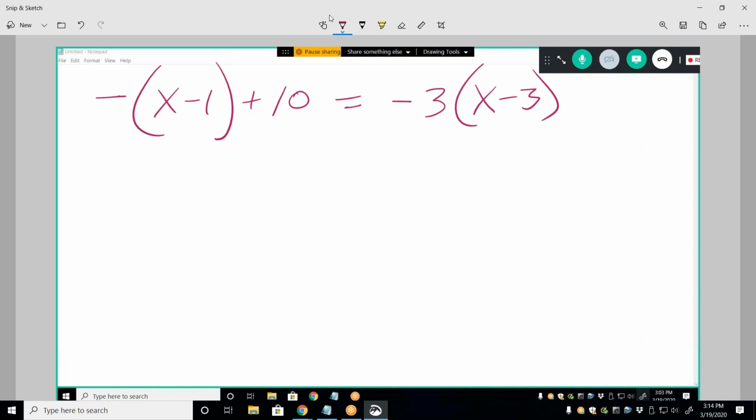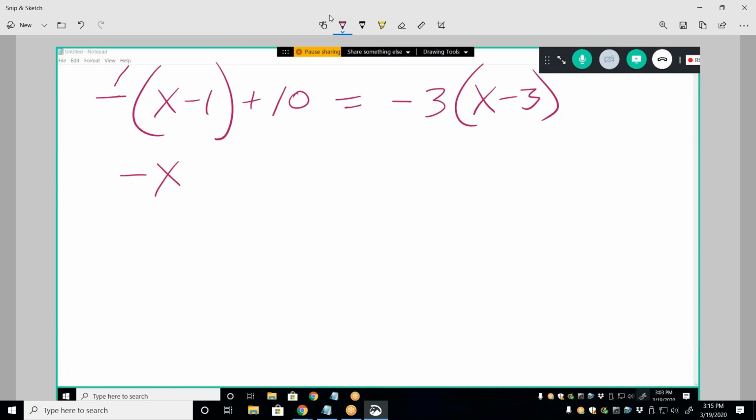Okay. So, first step. Solve in the parentheses first. Yeah, I call it getting rid of the parentheses. So starting from the left, get rid of those parentheses. What should I write? So it's just negative x minus 1.